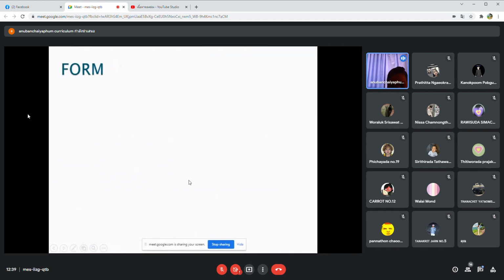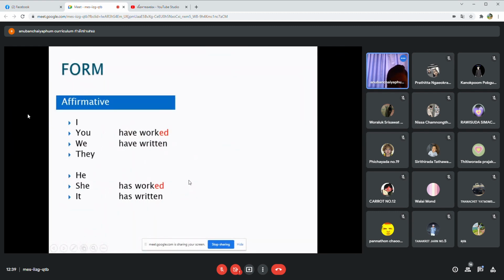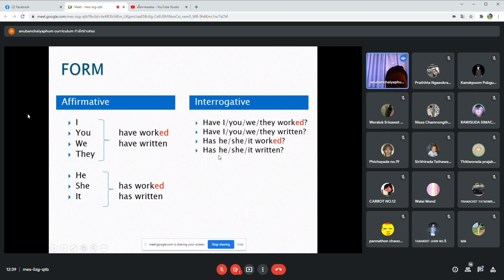Okay. So again, let's go back. Affirmative means your regular sentences. Interrogative is changing your sentence into a question form. All right, so another form of a present perfect tense is negative. So we have affirmative, we have interrogative, and we have negative.